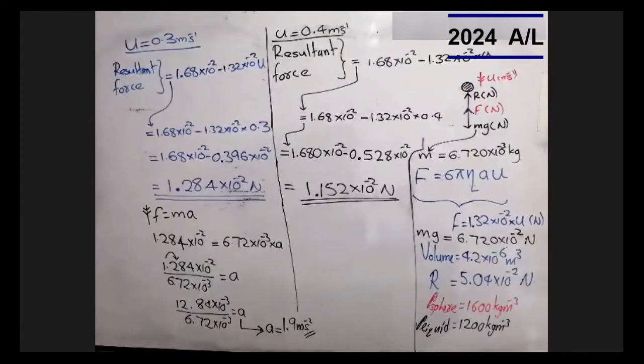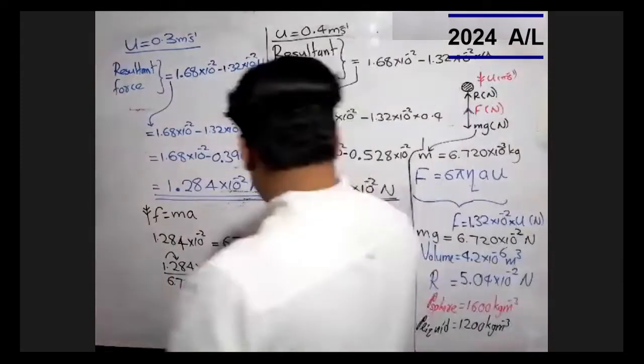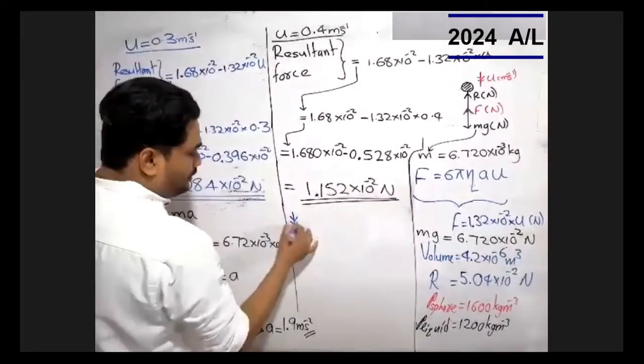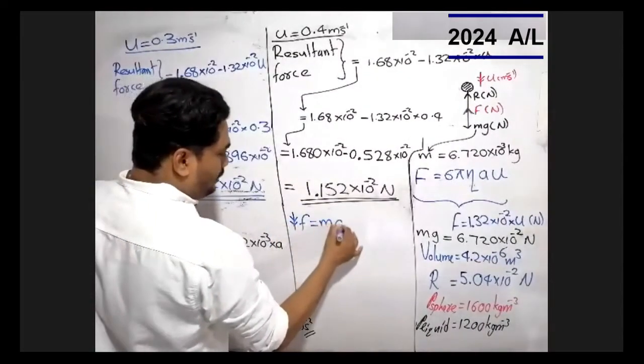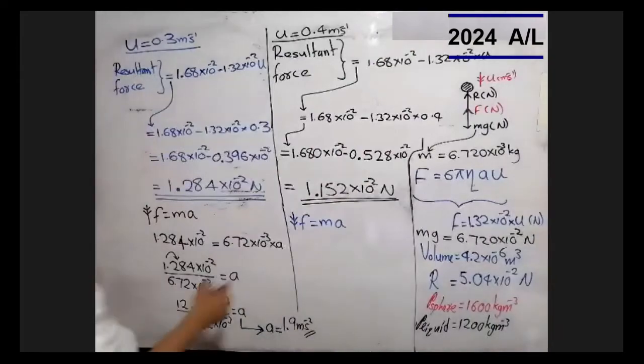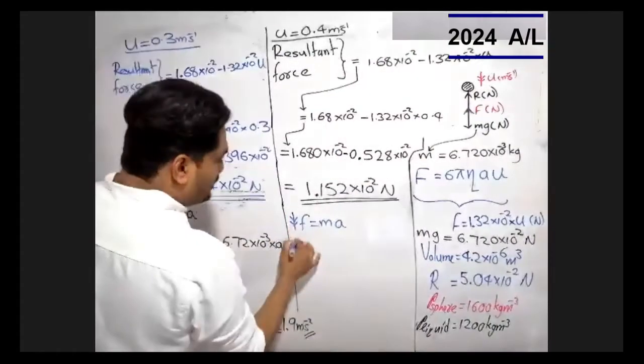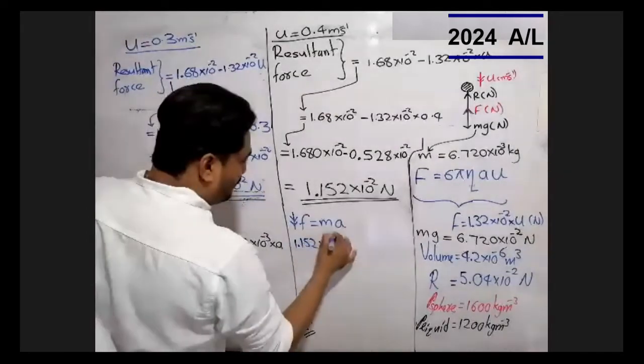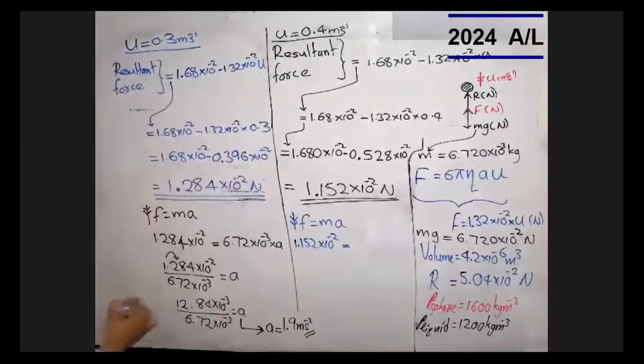Right. Then we want to find the acceleration. As usual, let me use the equation F equals ma. The total downward force is 1.152 into 10 to the power minus 2 Newton. F equals ma.